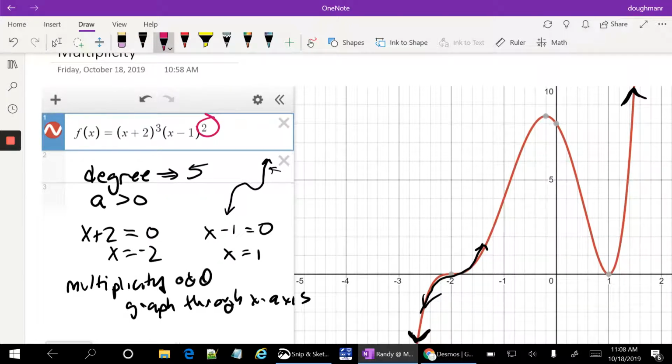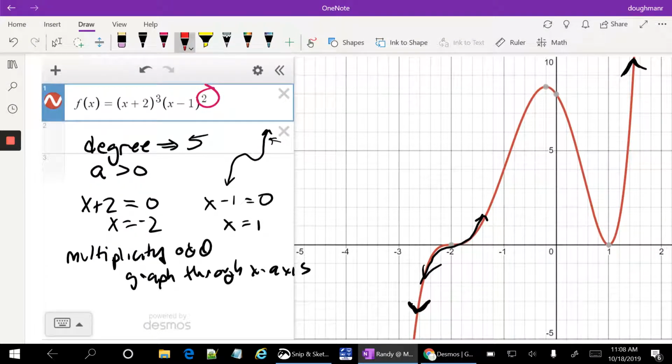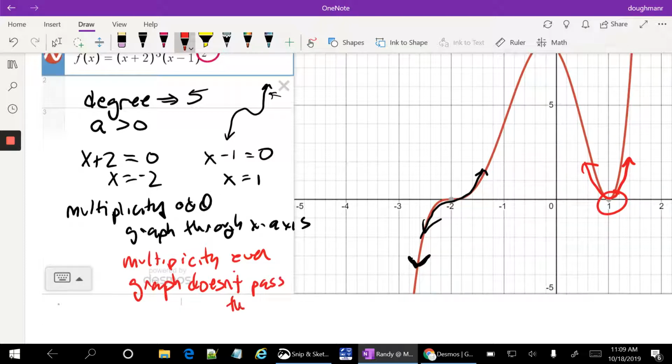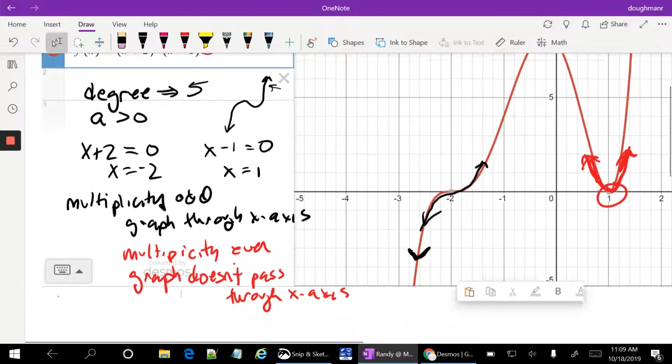If we get an even multiplicity, that's what we see over here at 1, then the graph does not pass through the x-axis. So it will stay. If it's all positive values, it hits the 0, and then it'll stay all positive values. It goes back up.